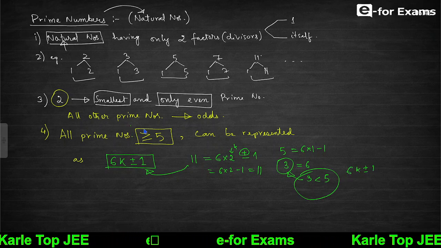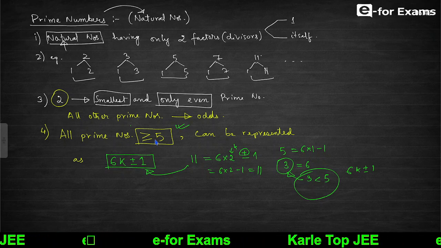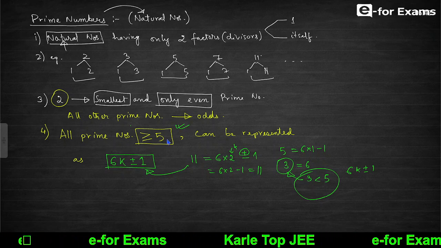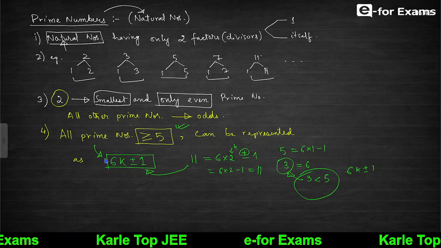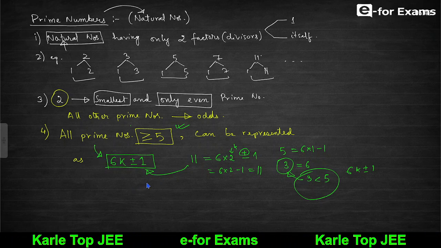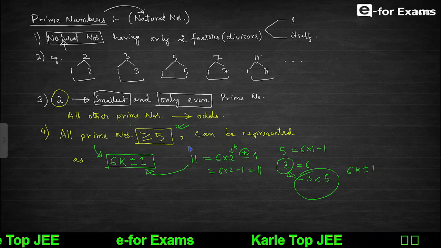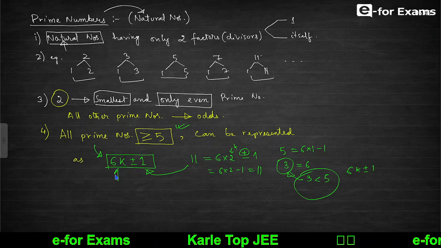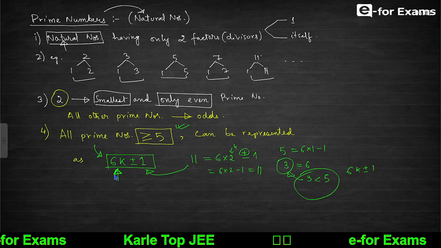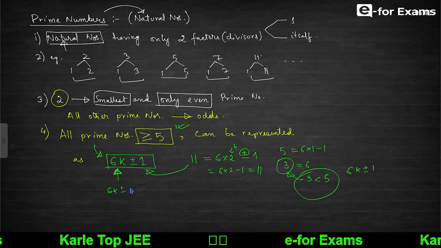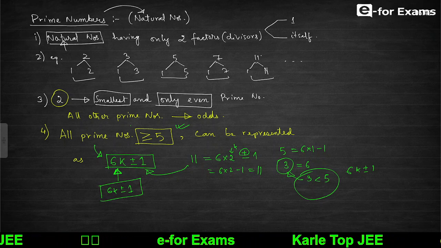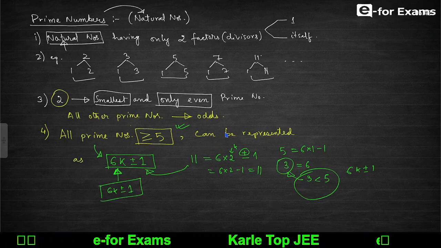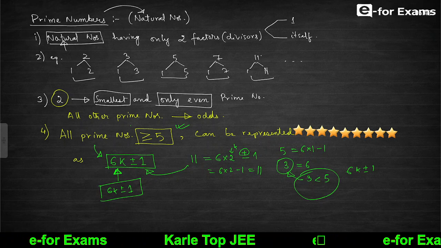Here we have said that all prime numbers greater than or equal to 5 can be represented as 6k plus or minus 1. So any prime number greater than 5 can be represented by this formula, 6k plus or minus 1. Remember, this point is important.